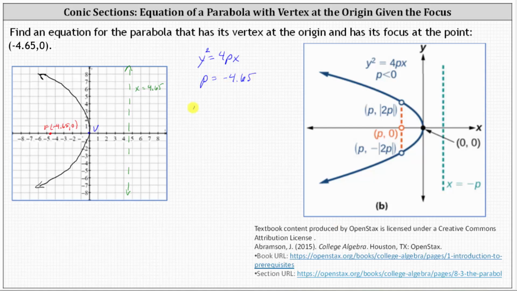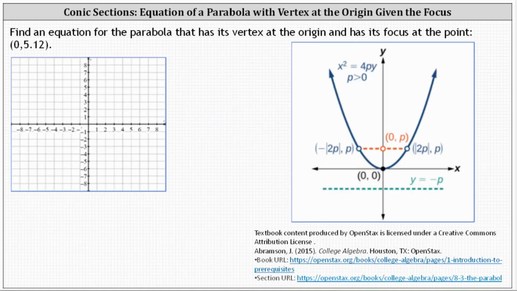And therefore the equation is y squared equals 4 times negative 4.65 times x. And therefore y squared is equal to negative 18.6x. And let's take a look at one more example so that we've considered all four cases.